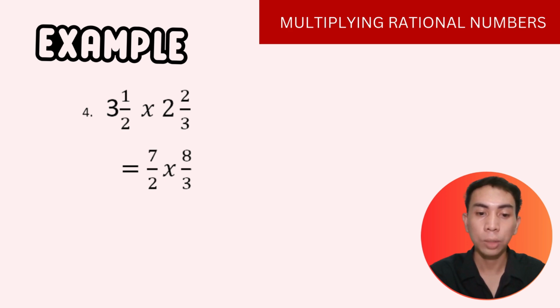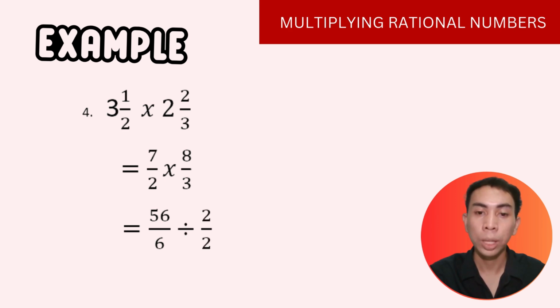7/2 times 8 over 3. We must first multiply the numerators, then the denominators. 7 times 8 is equal to 56. 2 times 3 is equal to 6. 56 over 6 has a GCF of 2.